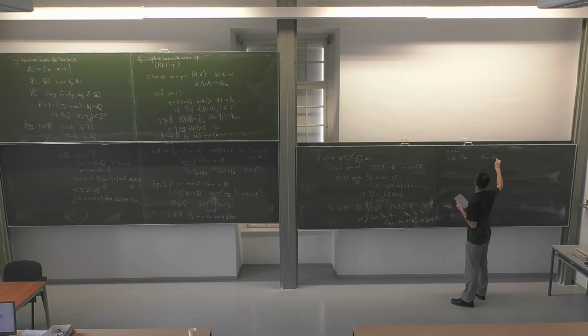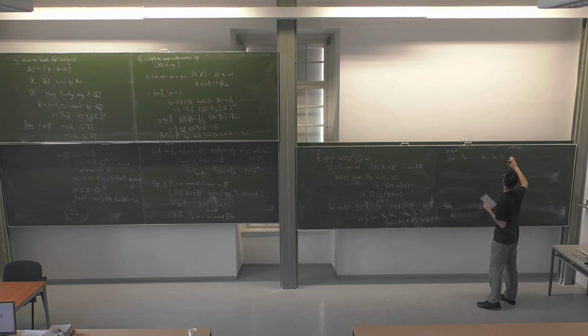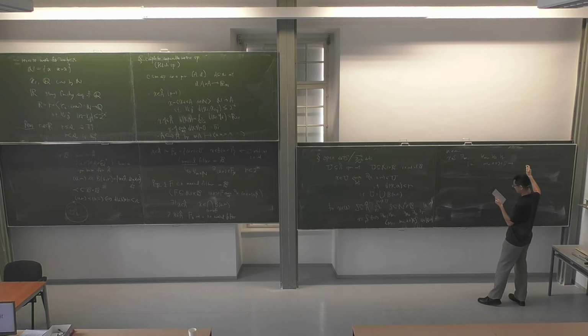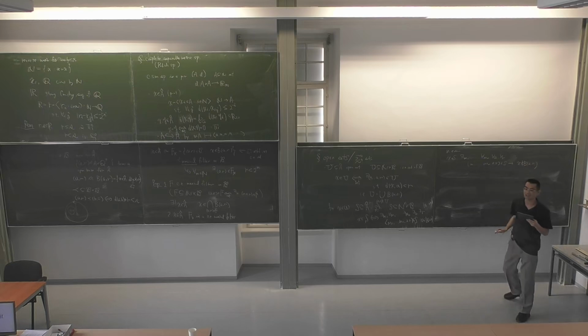So for any A and for any R, if this is a member of S, then X is not a member of this one.